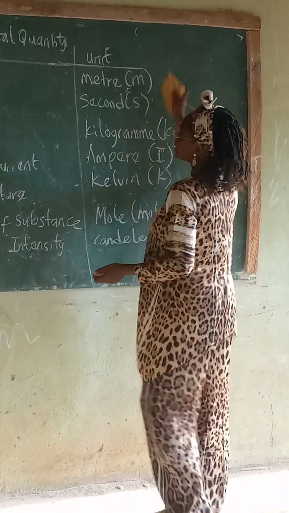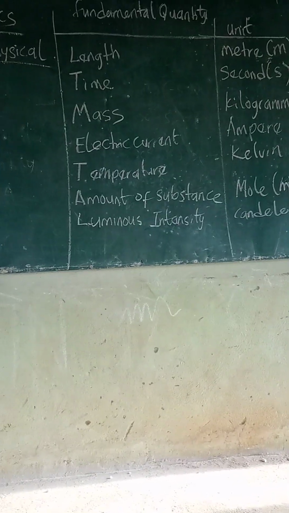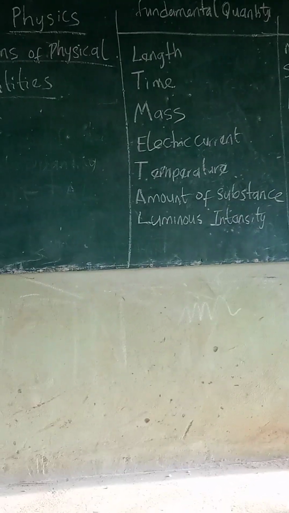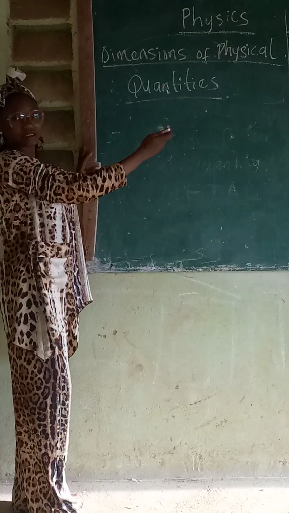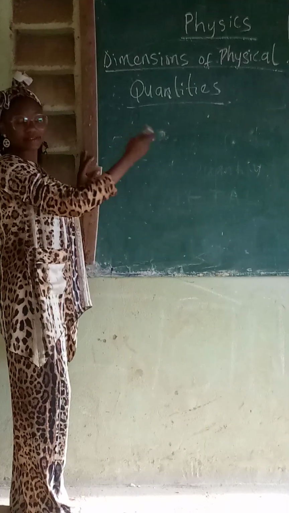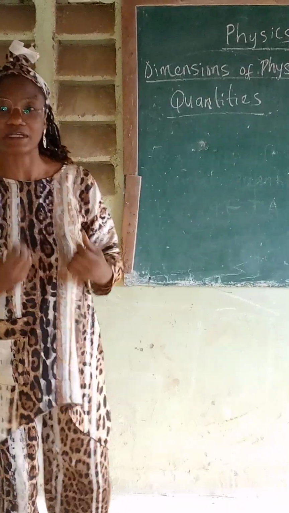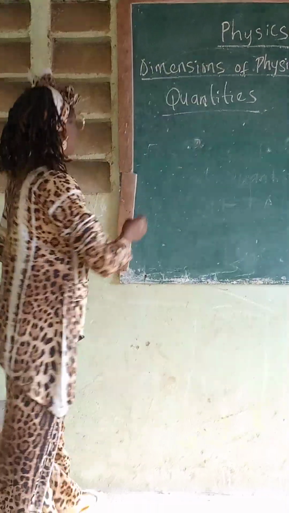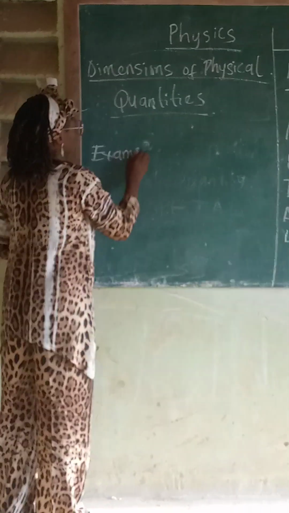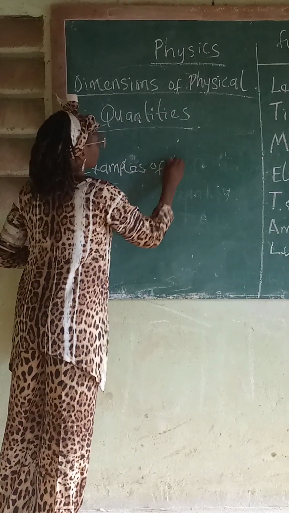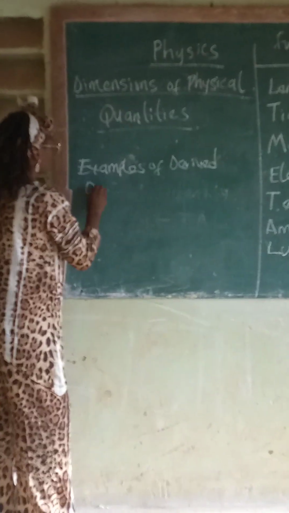A derived quantity depends on fundamental quantity. Usually, it's a combination of two or more fundamental quantities. So we have examples of derived quantities.